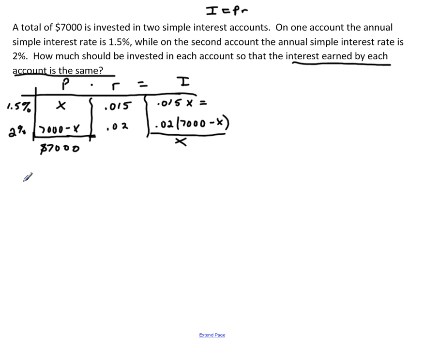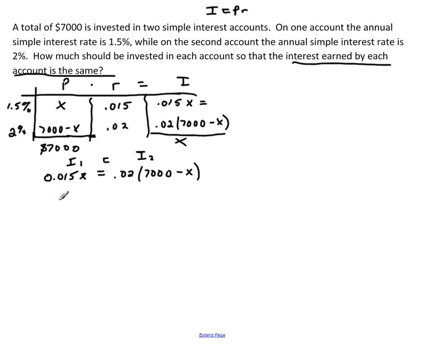It seems like a weird way to set it up, but if we read the problem, then we're going to have to take 0.015x and set that equal to 0.02 times 7,000 minus X. So the interest amount in account 1 will equal the interest amount in account 2.